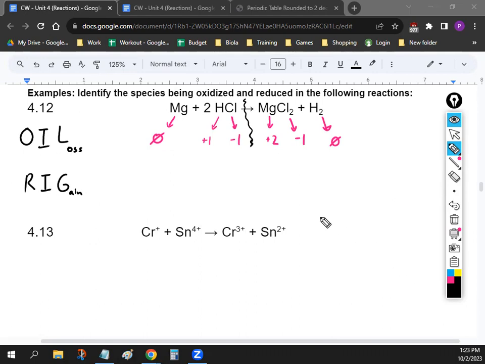Okay, so let's take a look at magnesium. If you take a look at magnesium, the oxidation number went from 0 to +2. Now, stop right there and think about it. The oxidation number is becoming more positive, right? So if something becomes more positive, is it gaining or losing electrons? It is losing electrons. Think about it this way, guys.